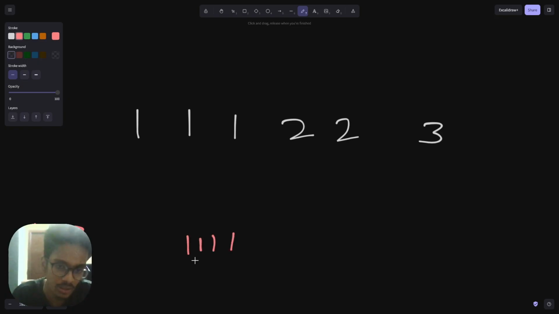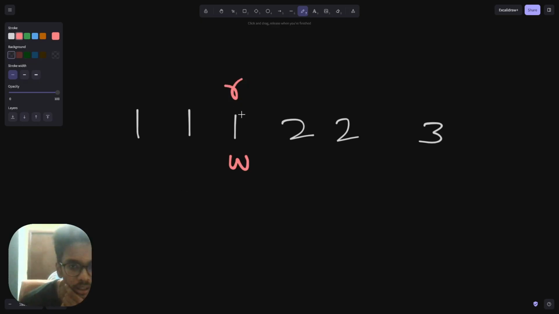If the frequency becomes greater than k, these two elements won't change. From here you would start writing some other elements, so writing begins from here, and similarly reading should also begin from here.